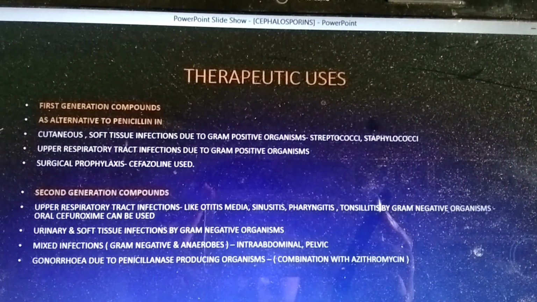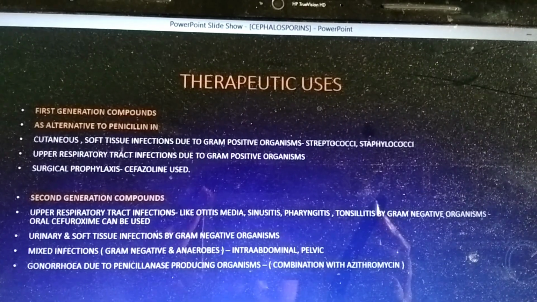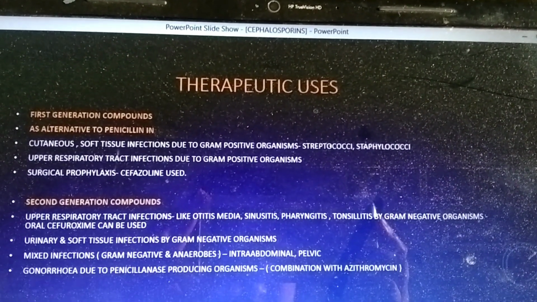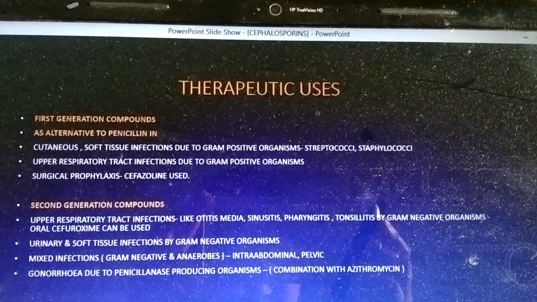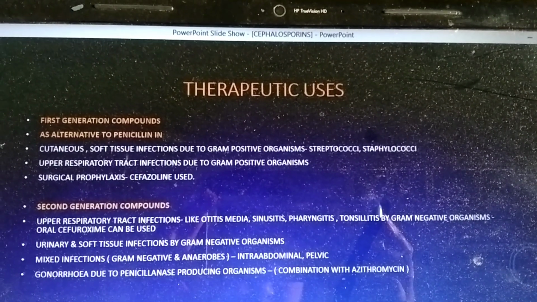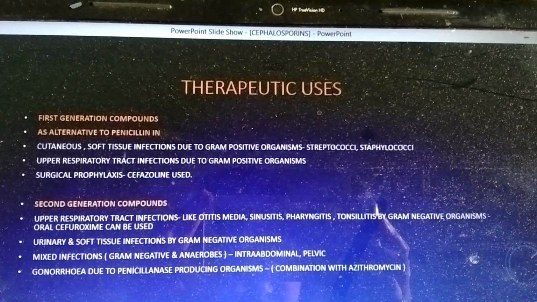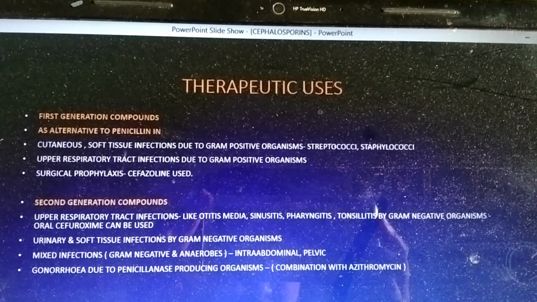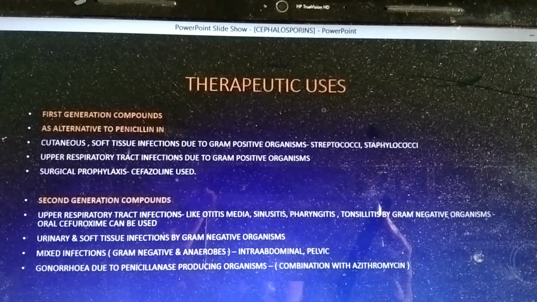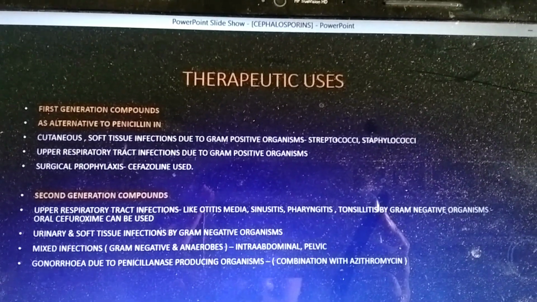Mixed infections, that is, caused by both gram-negative organisms as well as anaerobes. Mixed infections of the abdomen and the pelvis. So intra-abdominal infections like peritonitis, appendicitis, then pelvic infections like infections of the urinary tract, genitourinary tract, and pelvic organs like cervicitis and gynecological infections.